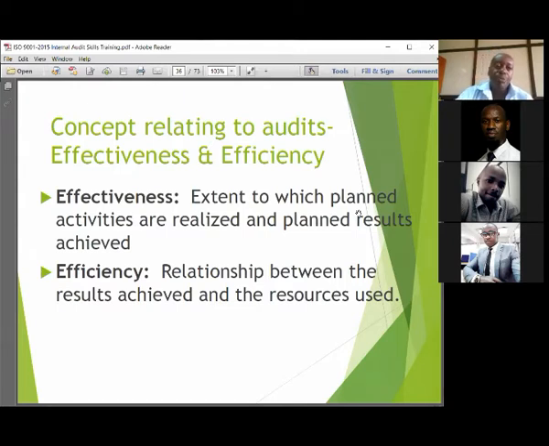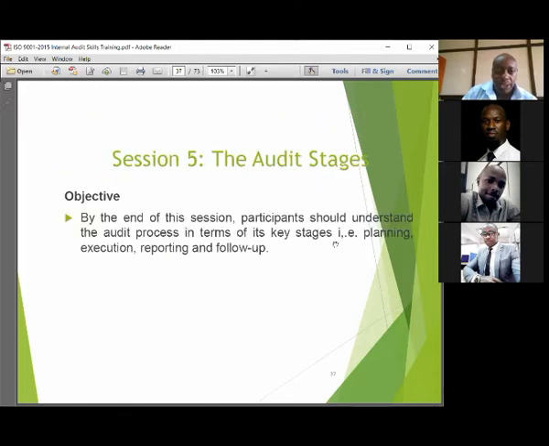But efficiency is about the relationship between the results achieved and the resources. Yes, you achieved the target, but at what cost? So was it efficient? The process can be effective but not efficient. So be careful as you deal with those two issues.